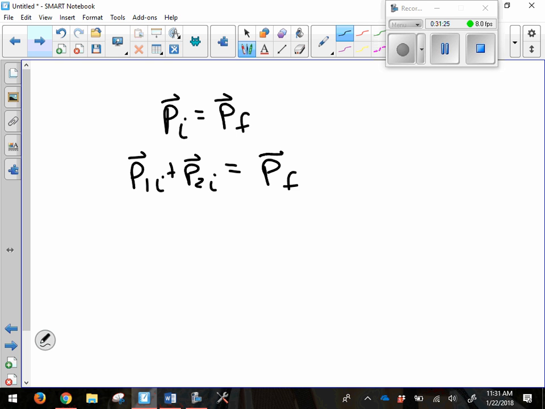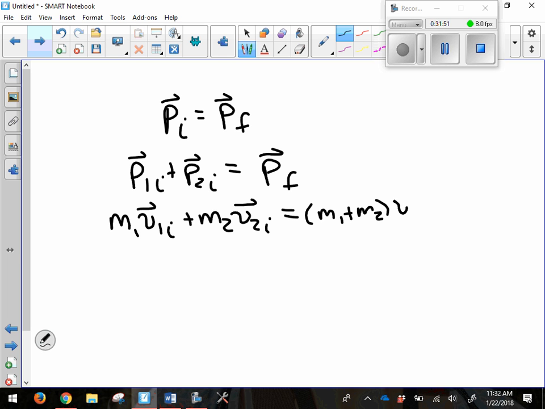I've only got one object after, so it's still just going to be pf. At the beginning I like to give you guys probably more notes than you need, but it's better than taking shortcuts. Okay, so then I've got m1 v1i plus m2 v2i is going to be m1 plus m2 times vf.